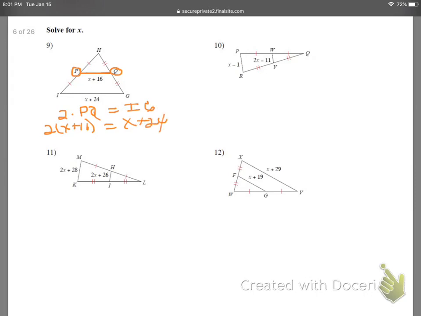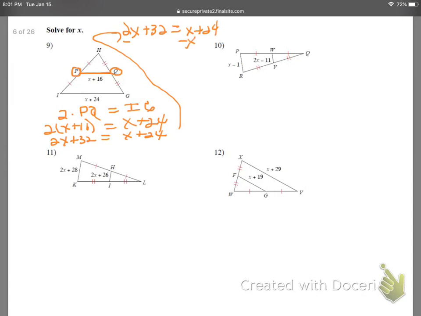That's the bigger piece. So 2x plus 32 equals x plus 24. Okay, we're going to come up here. So I had 2x plus 32 equals x plus 24.